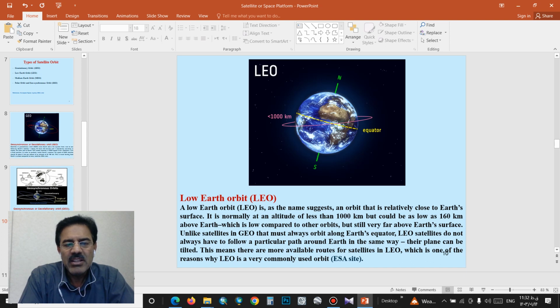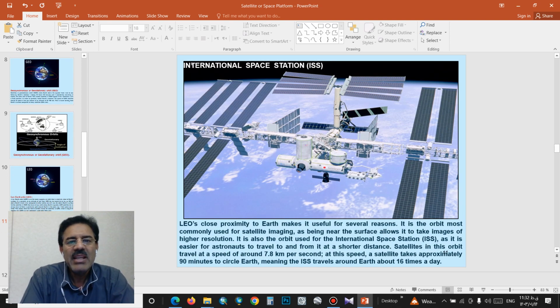This means there are more available routes for satellites in LEO, which is one of the reasons why LEO is a very commonly used orbit. For example, the International Space Station (ISS).